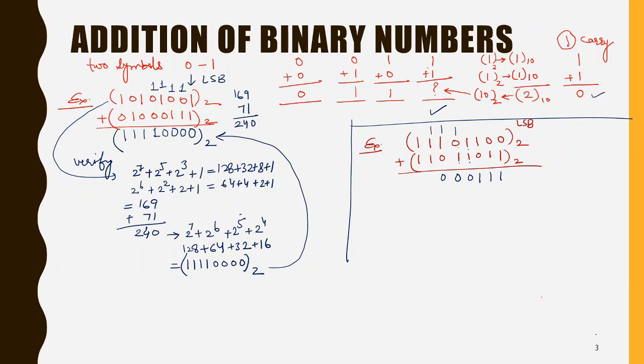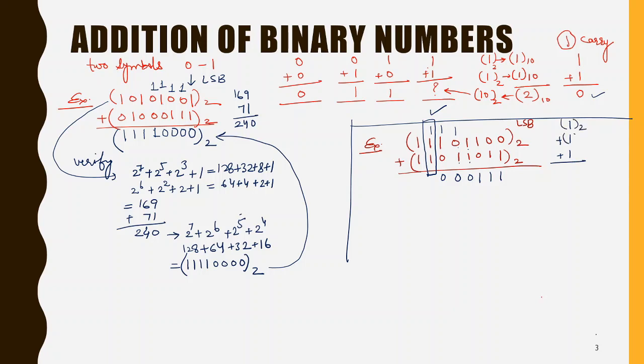Okay, so what we will do, we will solve this separately. I will tell you how to solve this. This 1, 1 and 1. Now we need to add all of them. If we take them, they become 3.